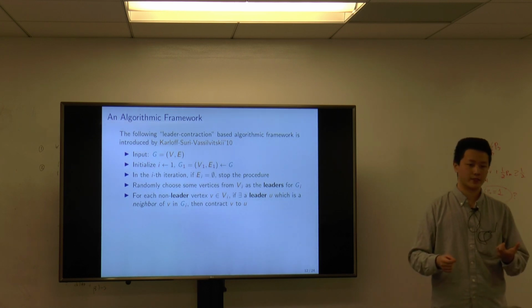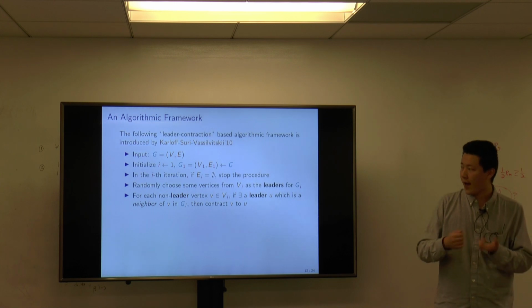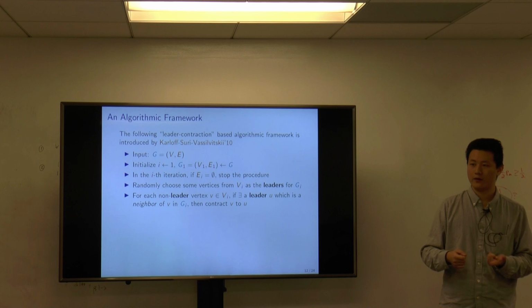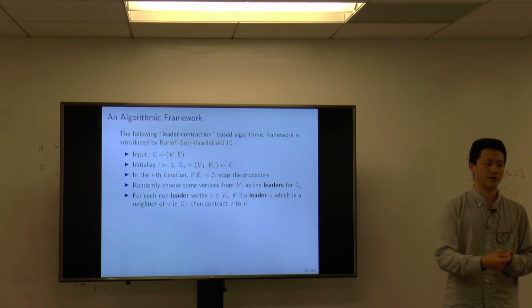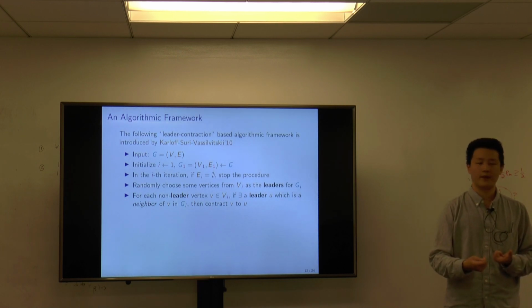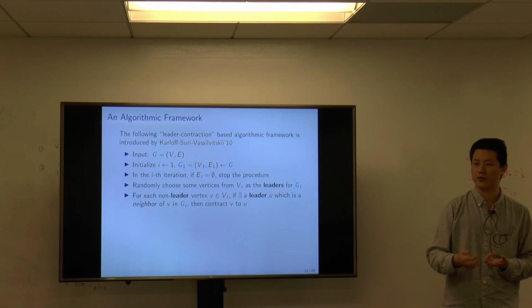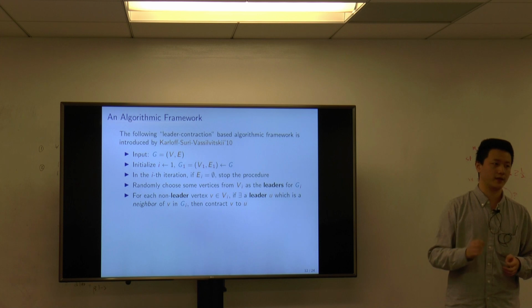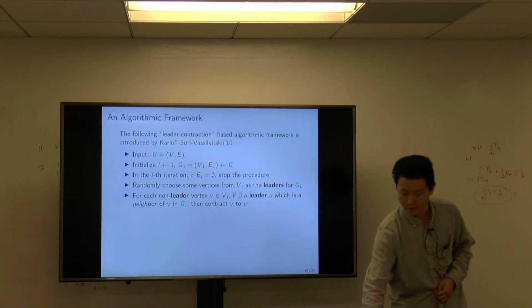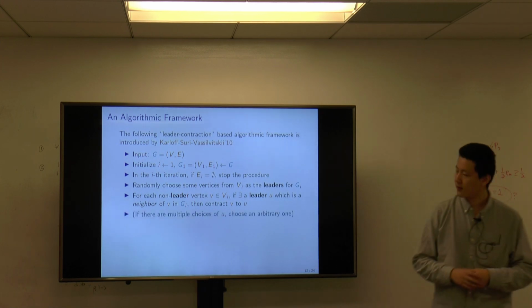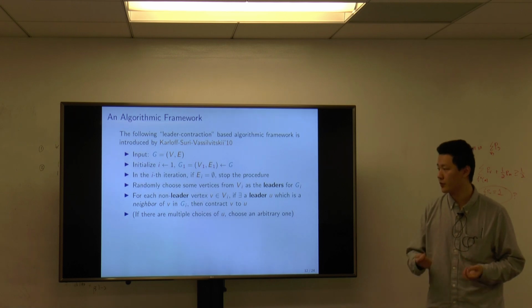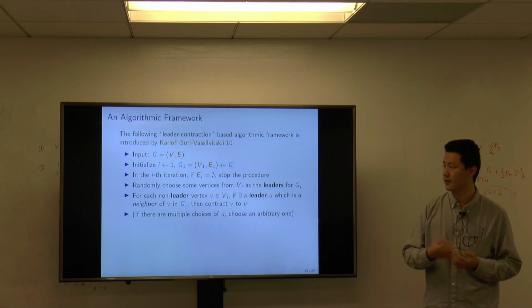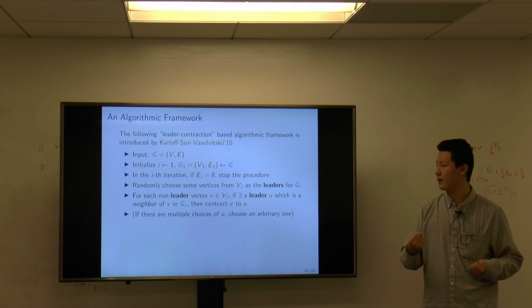If an edge has one endpoint which is vertex v, then we replace this endpoint with vertex u. After we do this operation, we remove all the duplicated edges, and we also remove the self loops. If there are multiple choices of the leader neighbor u, then we can just choose an arbitrary one.